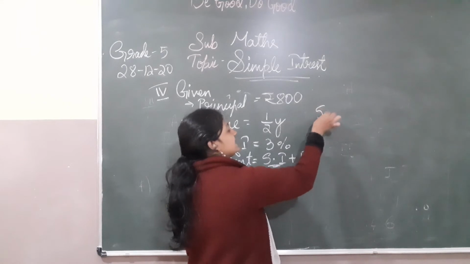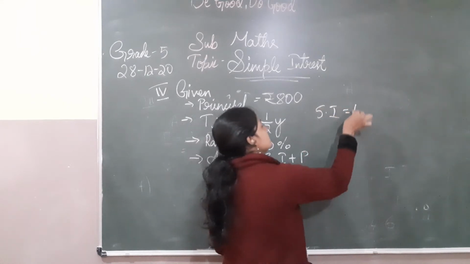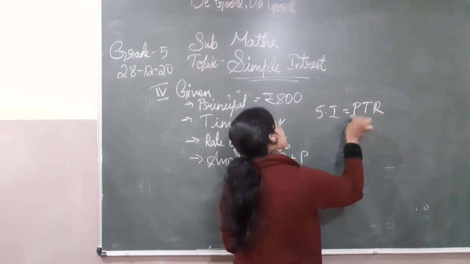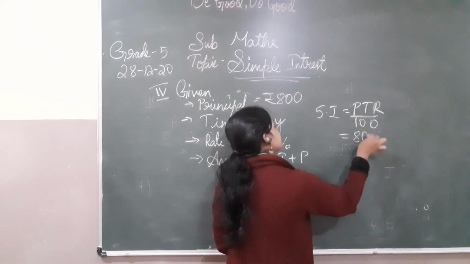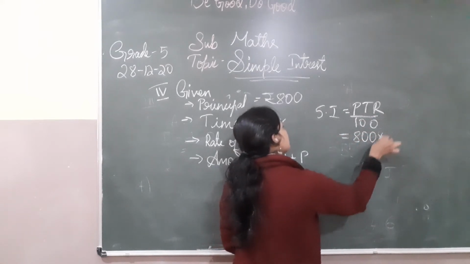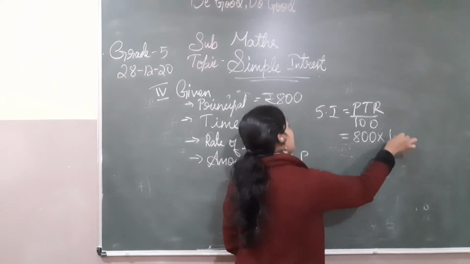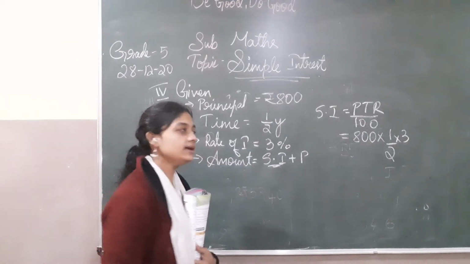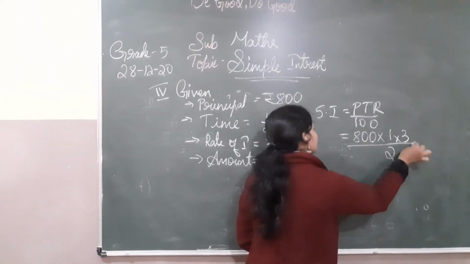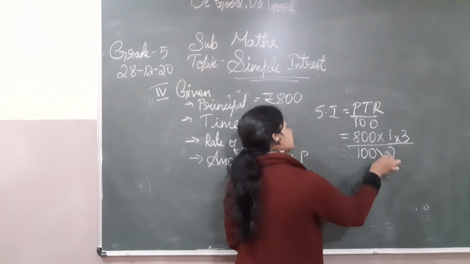So let's find the simple interest, that is equal to PTR by 100, where P is 800, T is 1 by 2 and R is 3. Okay? All divided by 100.